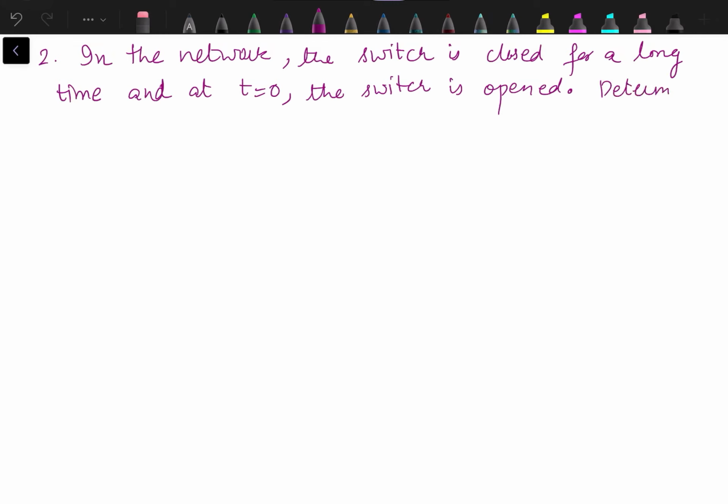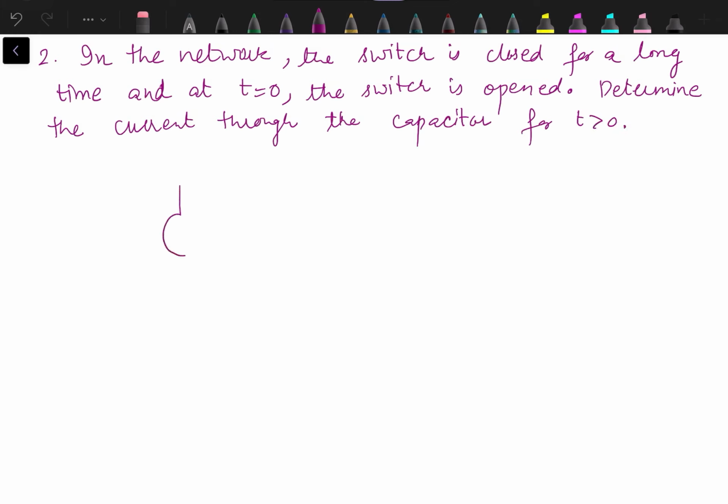Determine the current through the capacitor for t greater than 0. And this is the switch which is opened at t equal to 0.